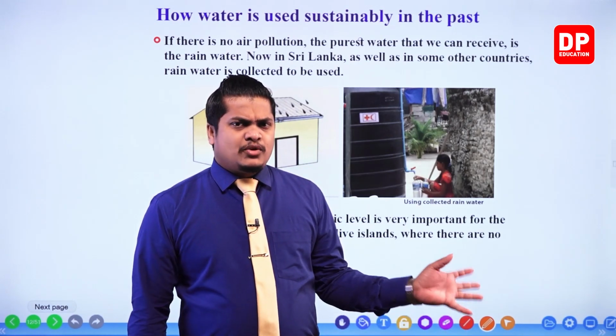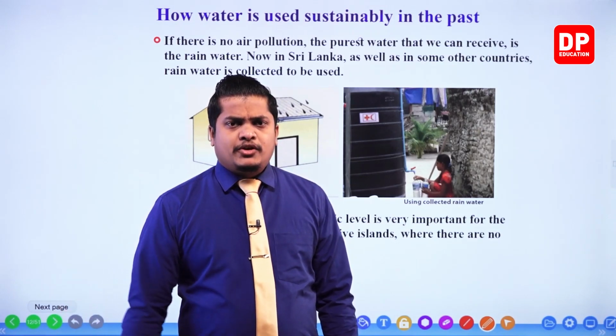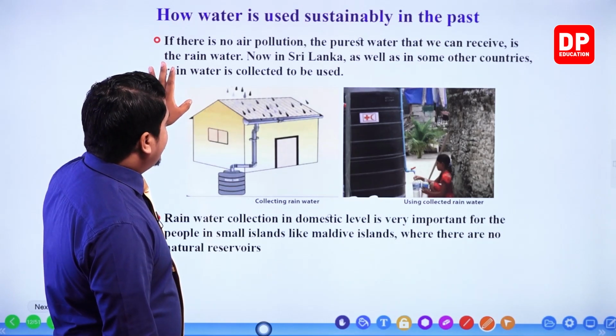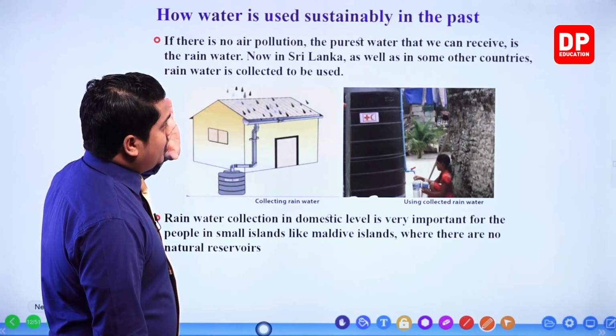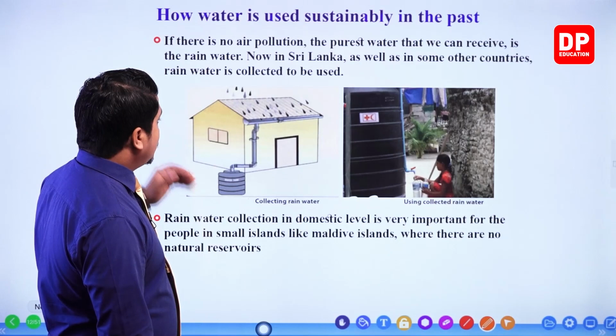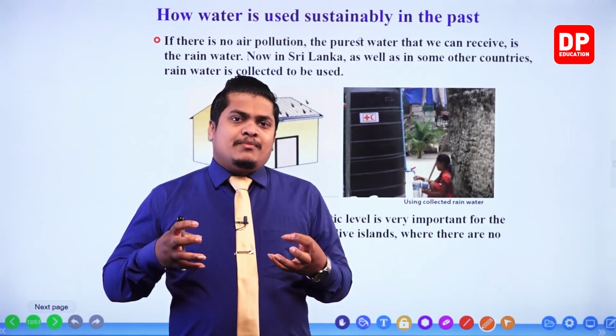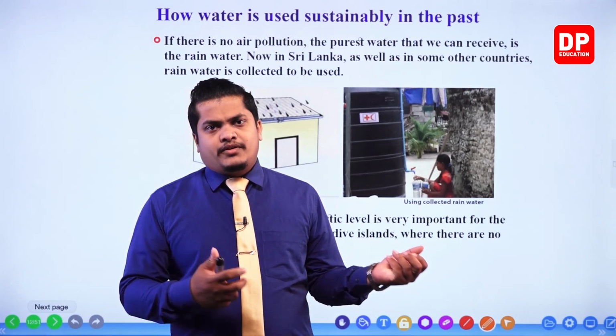What is the relationship between air pollution and the purity of water? Is it correct? If there is no air pollution, the purest water that we can receive is the rainwater. So what's the relationship between the purity of air and the purity of water?